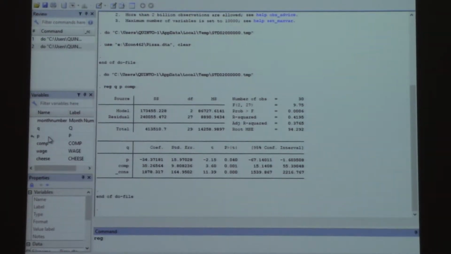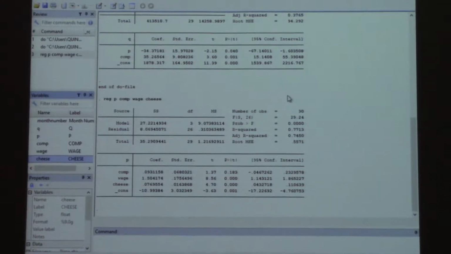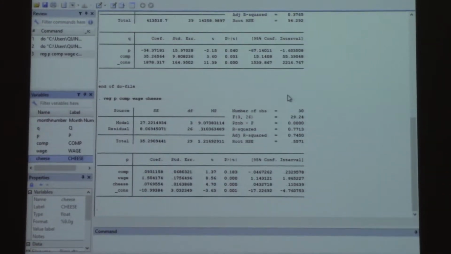Regress our problem variable: price, competitor, wage, cheese. All right. This is called the reduced form equation.